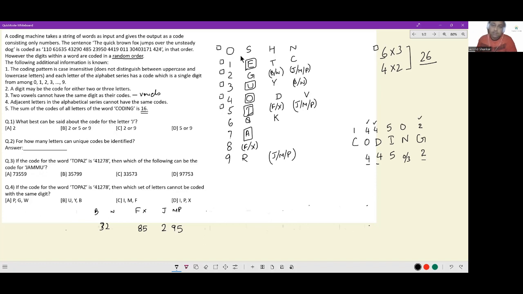These are the 6 digits that have 3 codes each. So 6 is supposed to have 2 codes. We've already identified. 9 is supposed to have 2 codes. One of the 2 codes is already identified. The only 2 letters that have not been mentioned at all are L and Z. Everything else remains here. So either L or Z, Z or L. Okay. And this seems to be the entirety of the sample space that we can potentially be working with.